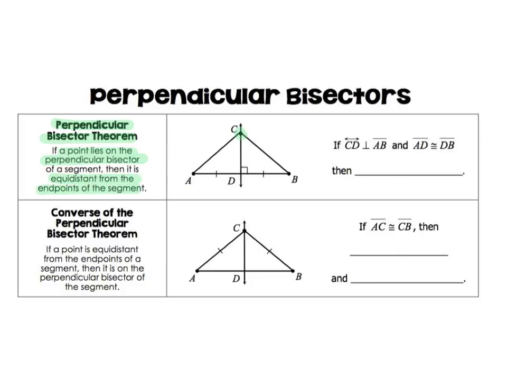So if C lies on the perpendicular bisector, then we know that it is equidistant from both endpoints of the segment.